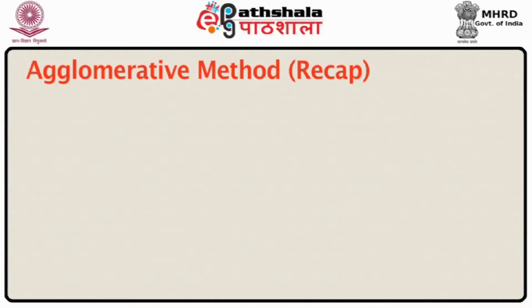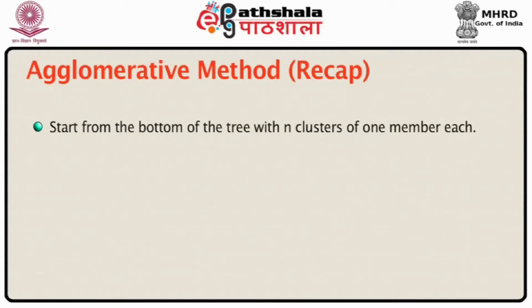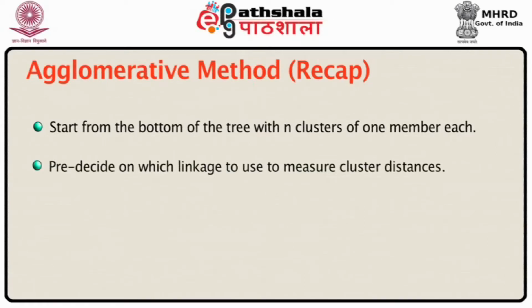The agglomerative method consists of the following. You start from the bottom of the tree or the dendrogram with n clusters of one member each. So at the very beginning we have n different clusters, and then we decide on a particular type of linkage, which is the distance between the clusters.